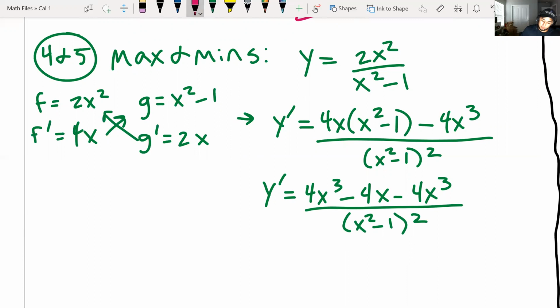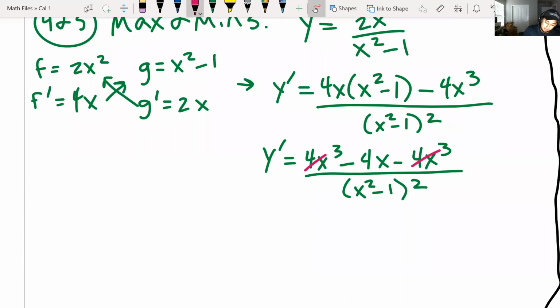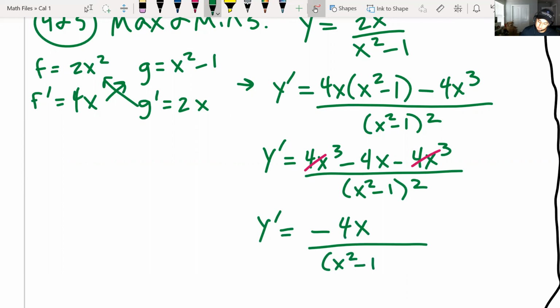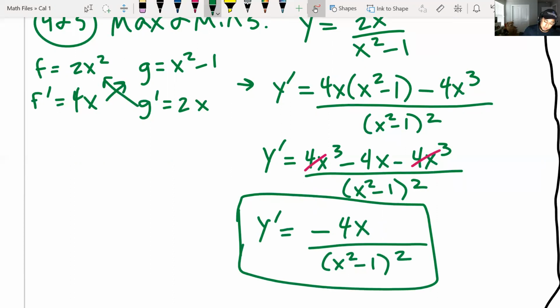My 4x cubes cancel, and I'm left with y prime equal to negative 4x over x squared minus 1 squared. There's the first derivative.